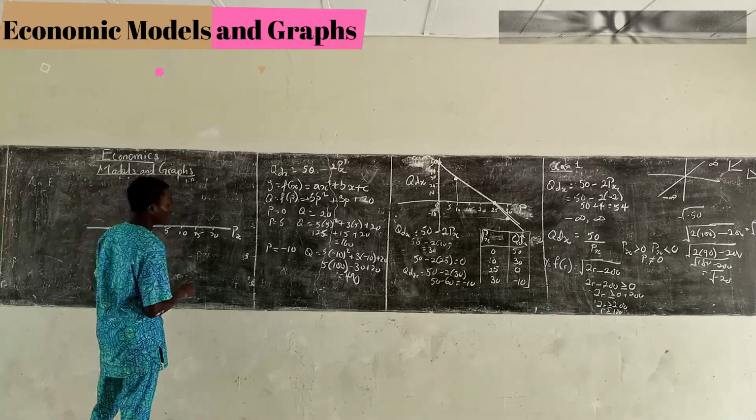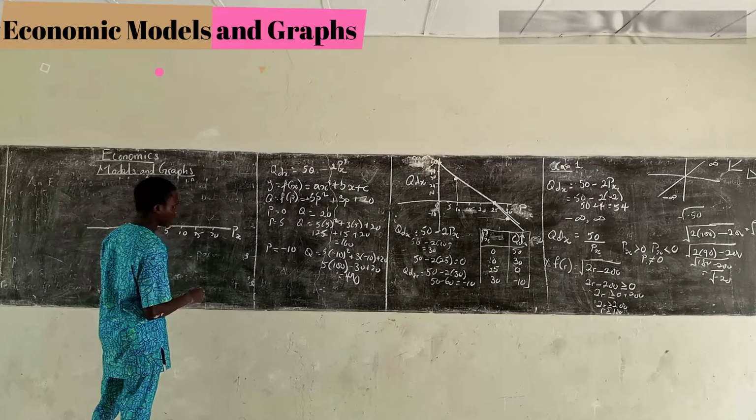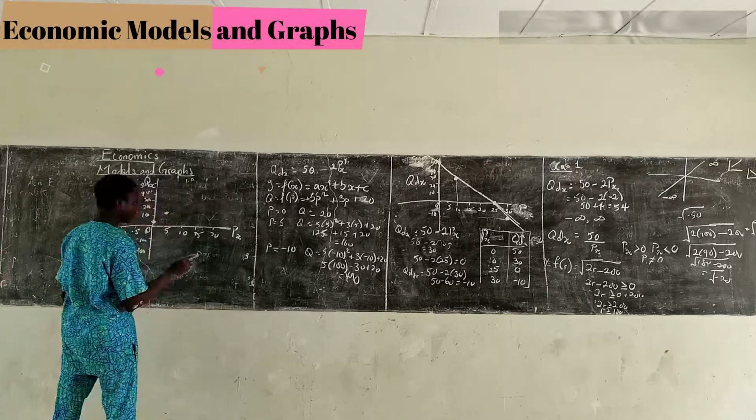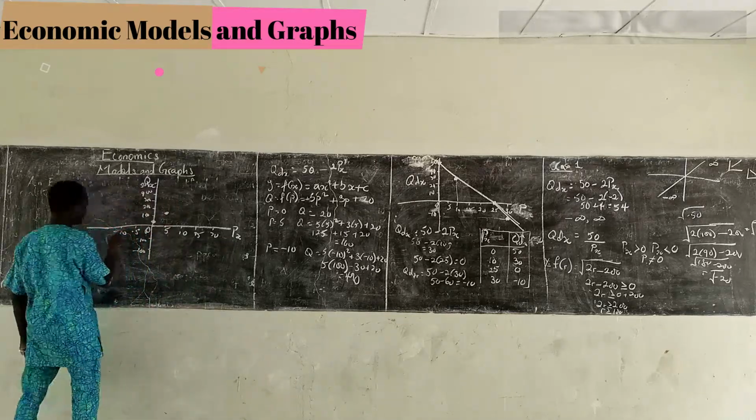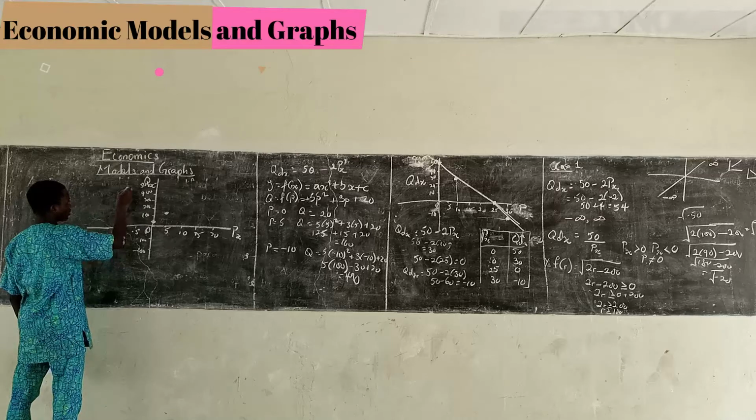When P is minus 10, we have 490, something close to 500.